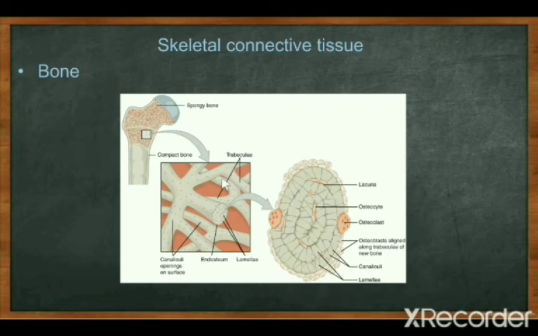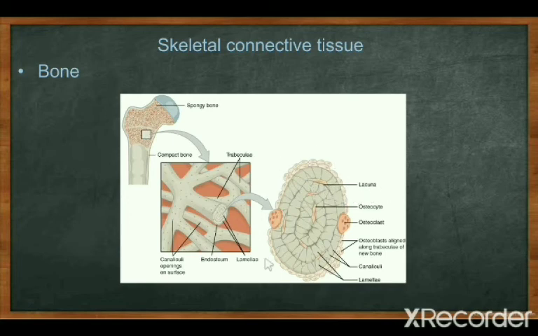There are so many layers present, this one is the layer, is called as lamellae. In the lamellae there is a gap in between the two layers, some gaps are present, that is called as lacuna.